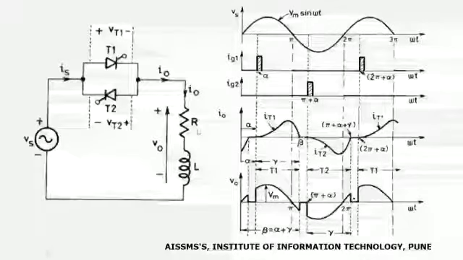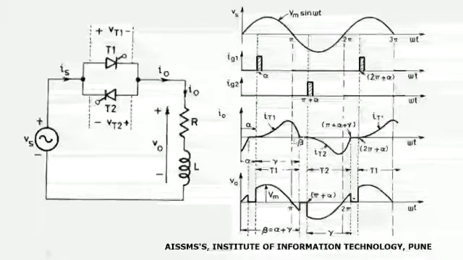Now during this particular operation, the energy stored in the inductor will get released, and hence the current flowing through the load will gradually decrease and it will get reduced to a magnitude 0.